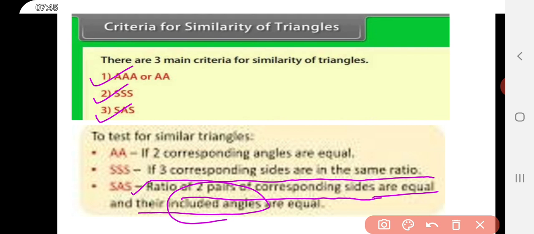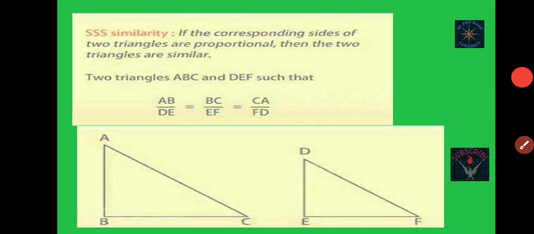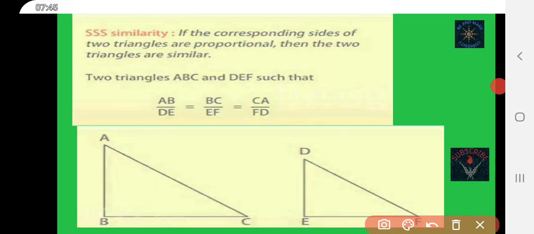Okay, SSS similarity. If the corresponding sides of two triangles are proportional, then two triangles are similar. Here you see two triangles ABC and DEF.